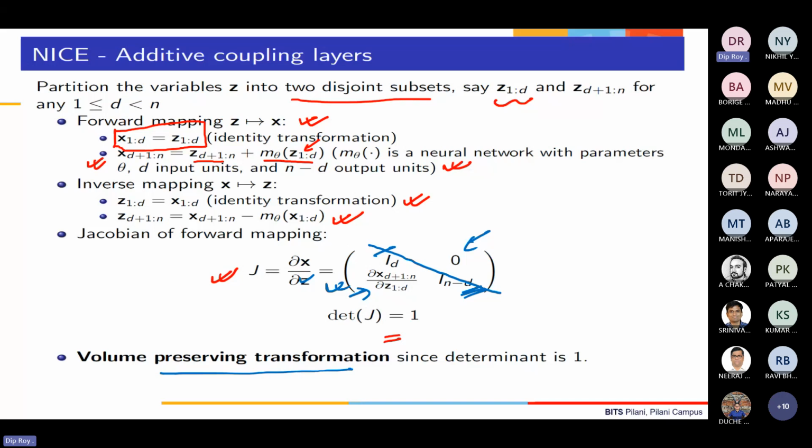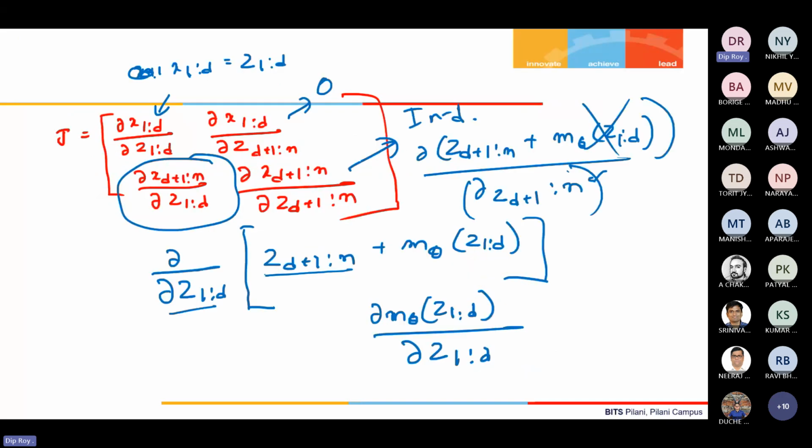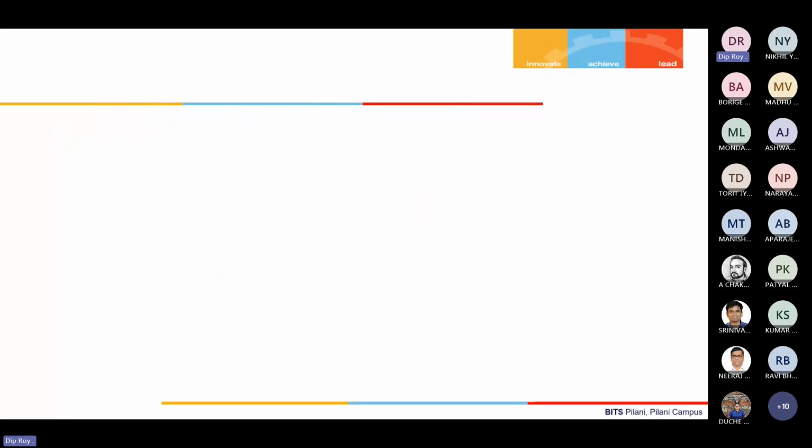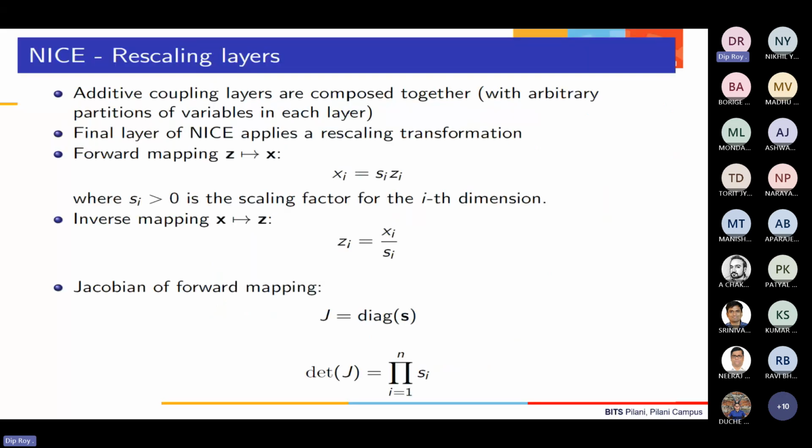Now, the next step obviously is, we would ideally like to not do volume preserving transformations. The natural extension of this is to introduce scaling. What we have done is some shifting, and now the natural thing to do is to introduce some scaling. So this is another version of NICE, where additive coupling layers are composed together, same as before.